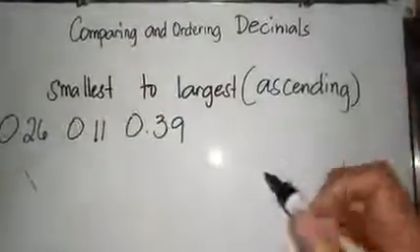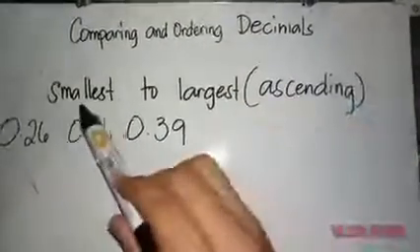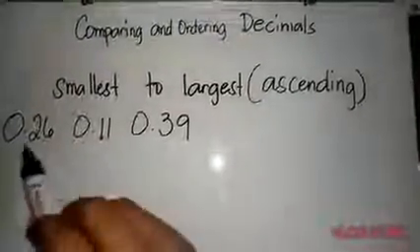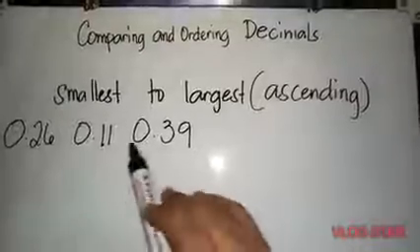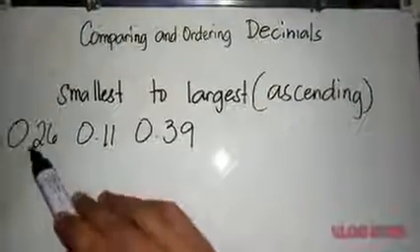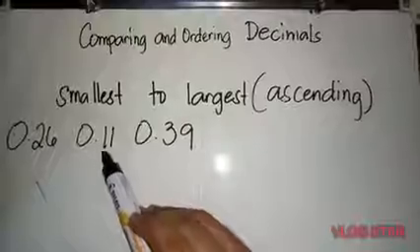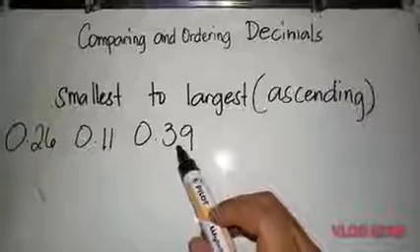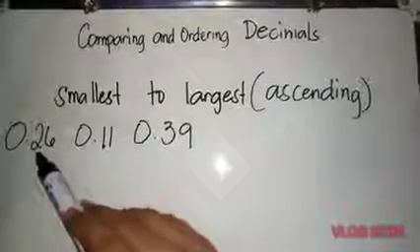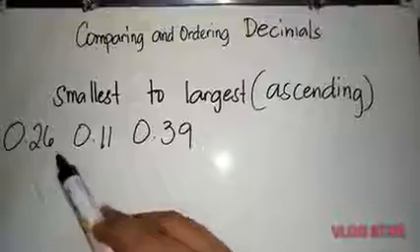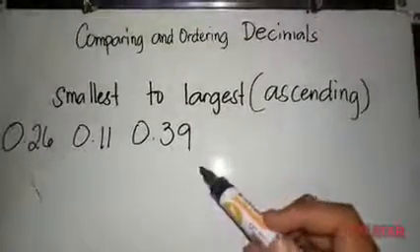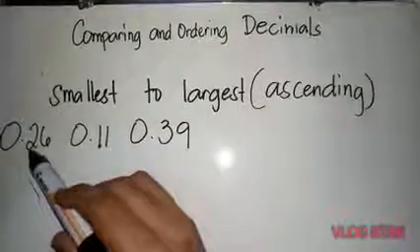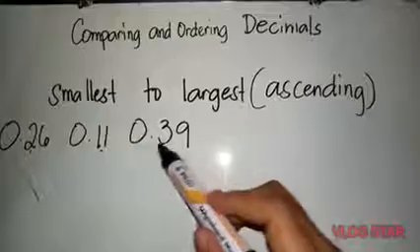So now let's proceed to ordering decimals, smallest to largest, or what we call ascending order. As you can see, we have 3: 0.26, 0.11, 0.39. Since they do not have a whole number, let's directly proceed to the decimal. First compare their tenths digit. So this is 2, 1, and 3.